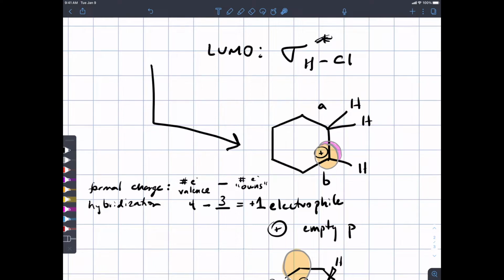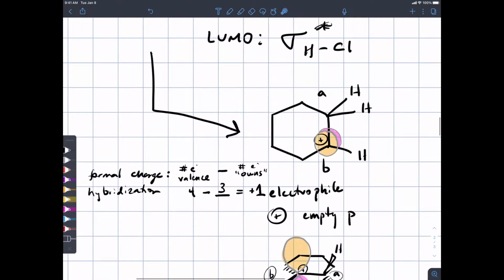So just to review, you calculate formal charge with number of valence electrons an atom normally has minus the number it owns. We know there's a positive formal charge on carbon, so the answer is +1. We know carbon normally comes with 4 valence electrons, which means it must only own 3. And I've got 3 bonds, and so all 3 of the electrons that we own come from those bonds.